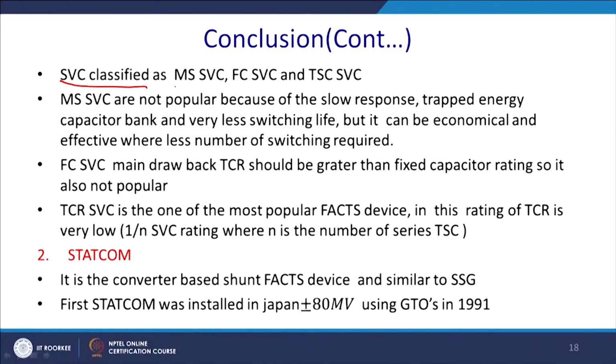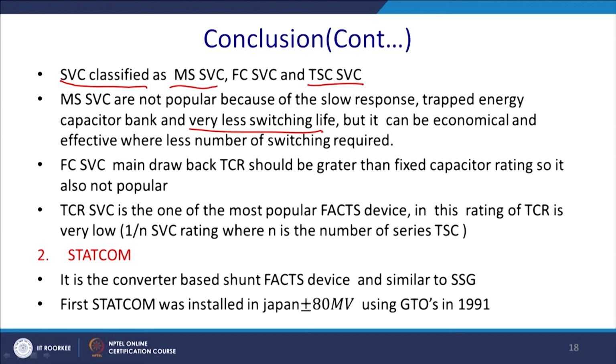So we have seen that SVC can be classified as mechanically switched SVC, fixed SVC that we have seen right now, as well as TCR SVC. Mechanically switched SVC are not very popular because of the slow response, trapped energy in the capacitor bank and very low switching life, but it can be economical and effective where the number of switchings is less.